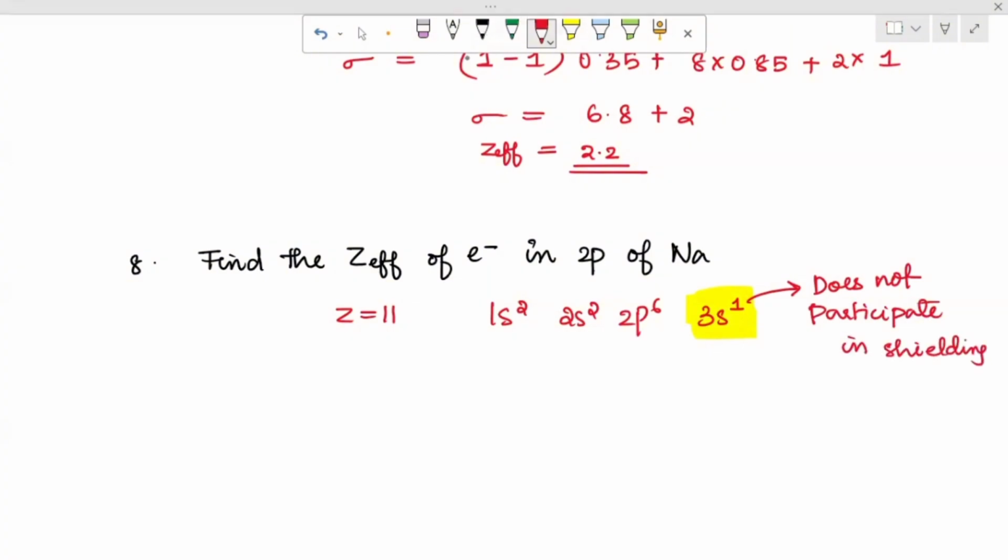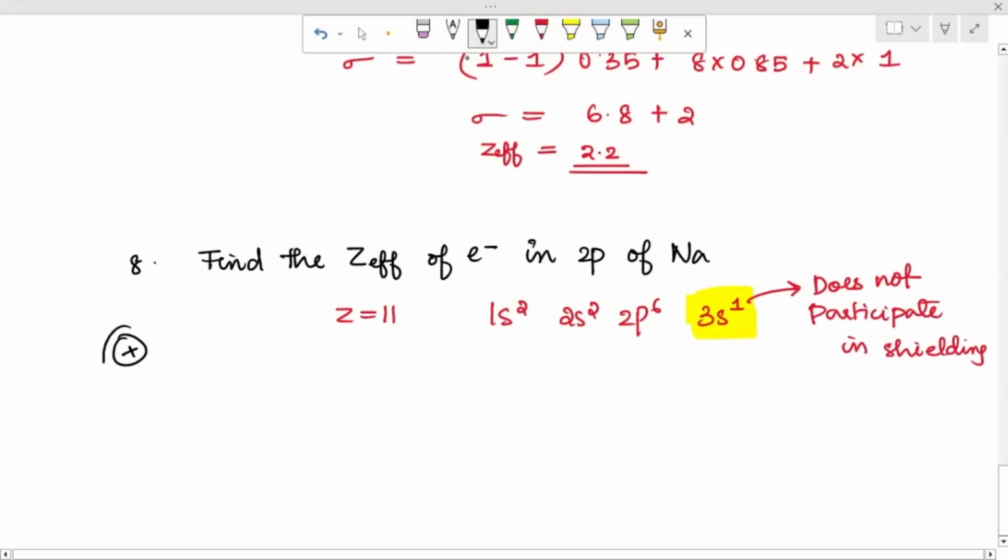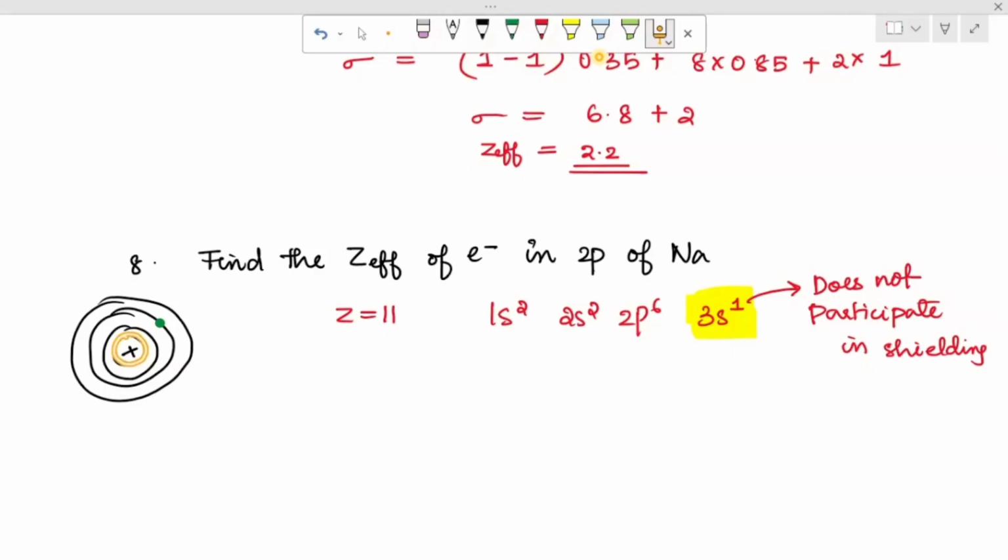See, you have 1, 2, 3. Okay. If you have an electron in the second shell, the forces of attraction by the nucleus is shielded by the first shell only. The third shell is not shielding the second shell. Okay.